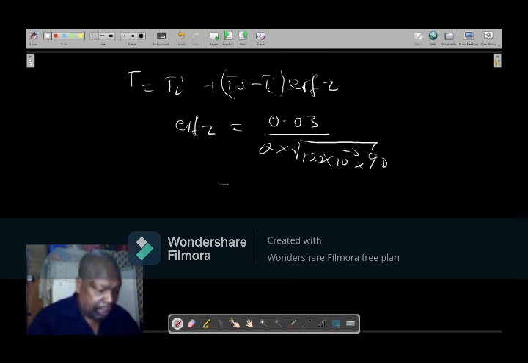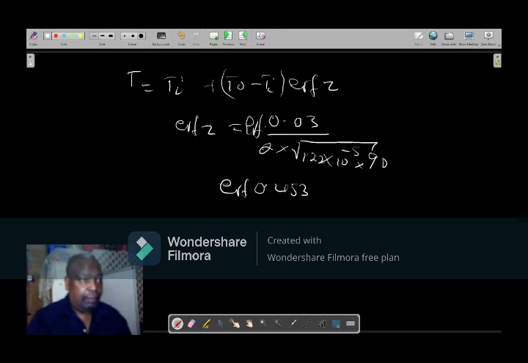That gives us 0.453. So the error function of 0.453 is approximately equal to 0.47, from the tables.